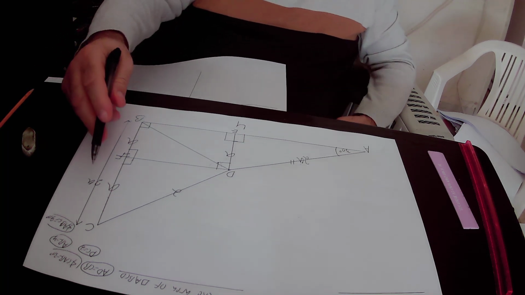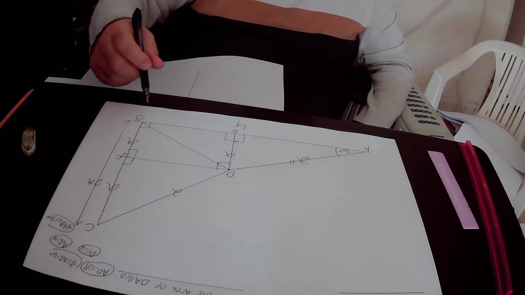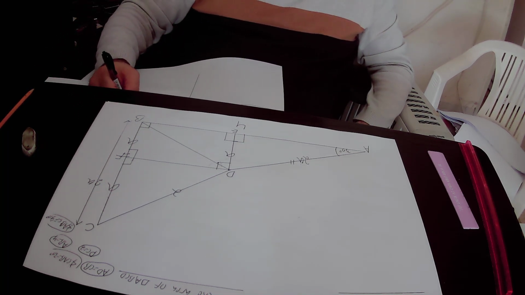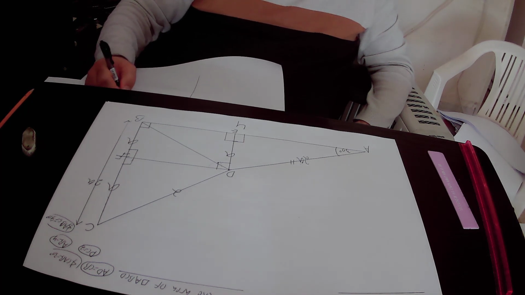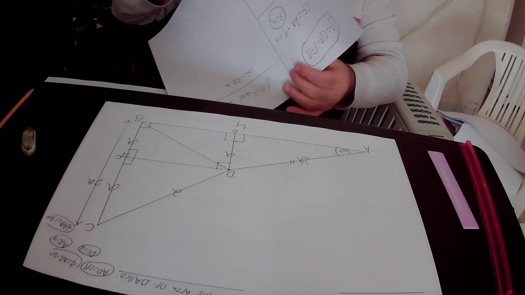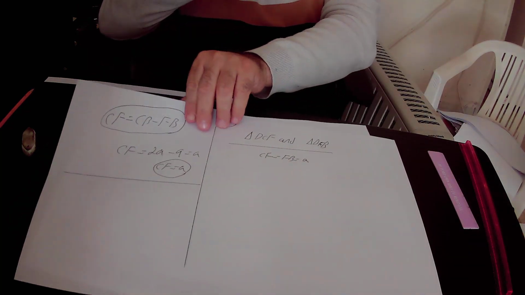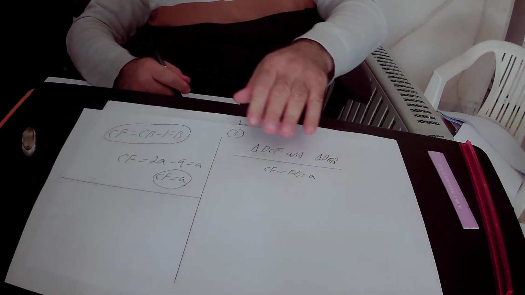First of all, we know that CF equals FB equals A. I'll repeat again, CF equals FB equals A.